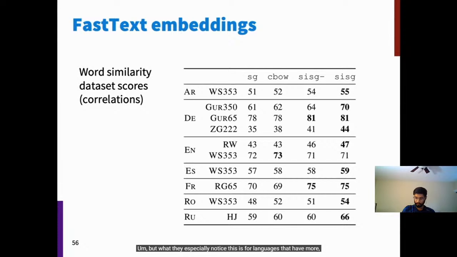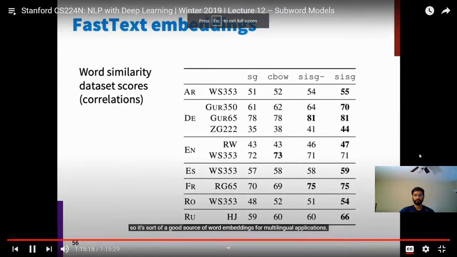But what they especially notice is for languages that have more morphology, you're getting some fairly clear gains, 70 to 75, 59 to 66 in the right column, so these word piece models do give them a better model of words. And just practically, the fastText library now has word embeddings for about 60 or 70 different languages, so it's a good source of word embeddings for multilingual applications.